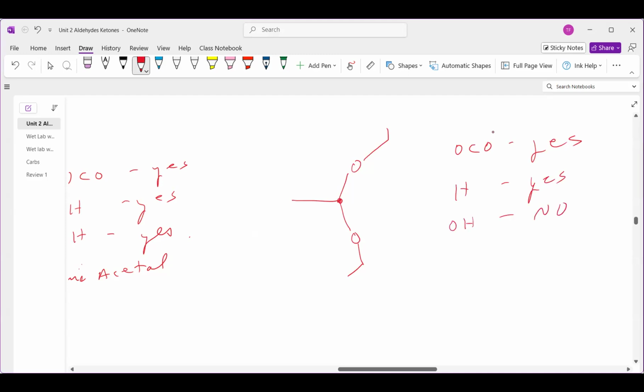Okay, so it's not a hemi, because the hemi's got to have an OH on that anomeric carbon. So it's either an acetal or a ketal. So which one is it? Okay. Is there an H here? Yes. That makes it an acetal.